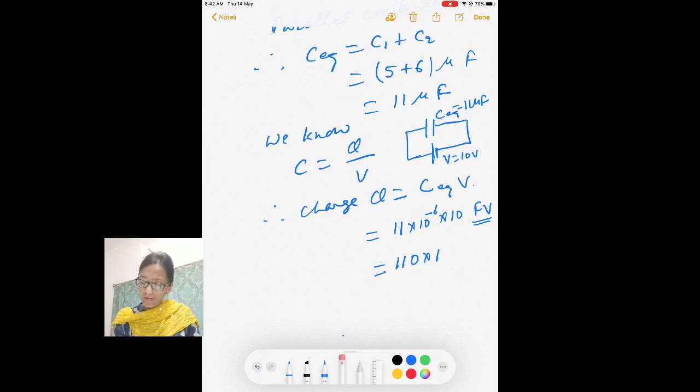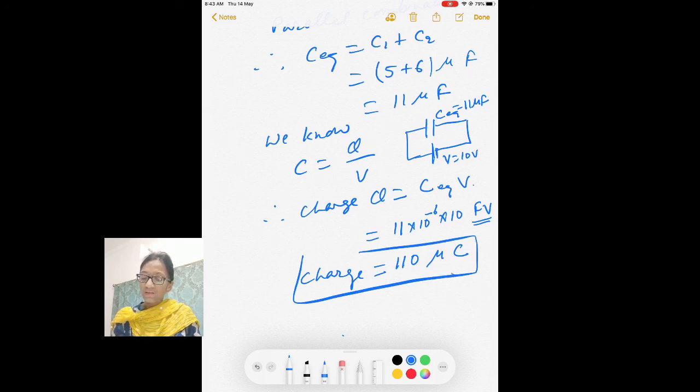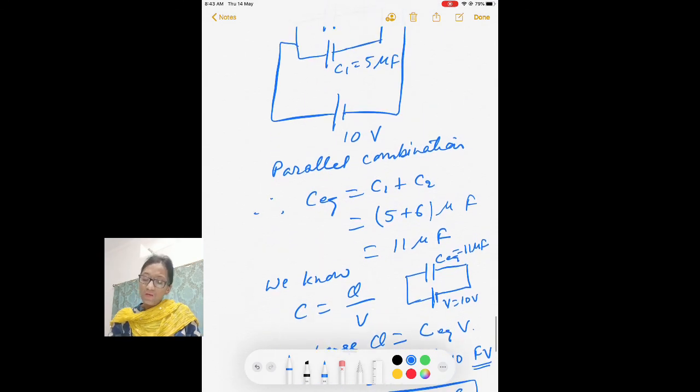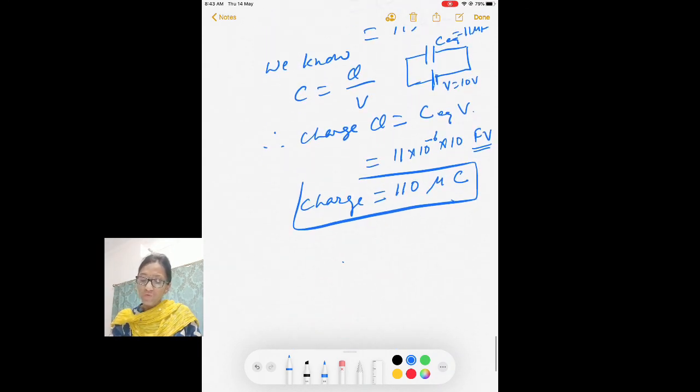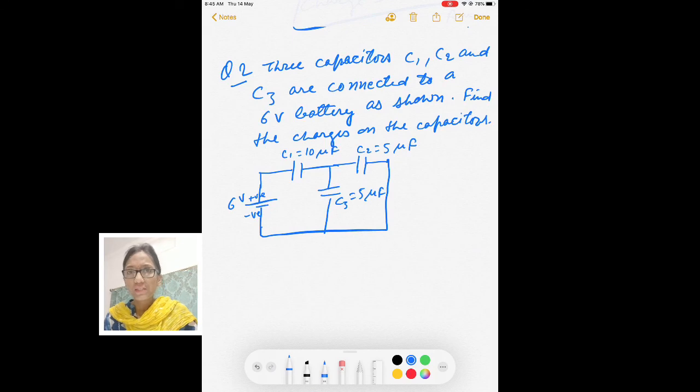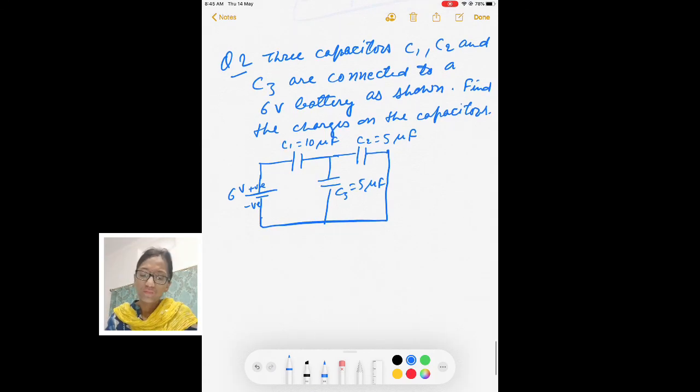You may also write microcoulomb. So charge is equal to this much microcoulomb, and further if you want to find the charges separately, then you go further, but you are to find net charge. So this is sufficient. So next question 2.